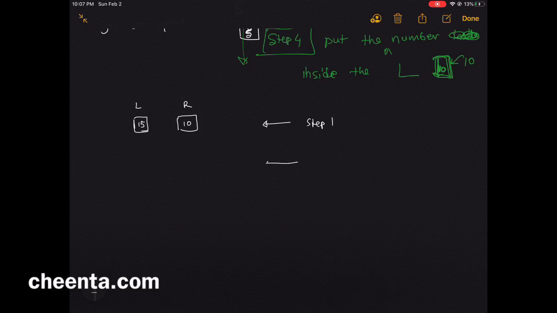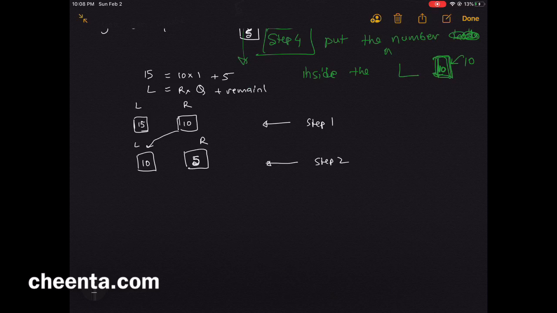In step 2, you put the number inside this box inside L, and you put the remainder inside R. So the remainder that you get by dividing 15 by 10, the remainder that you get by dividing L by R. So you put the remainder inside R.